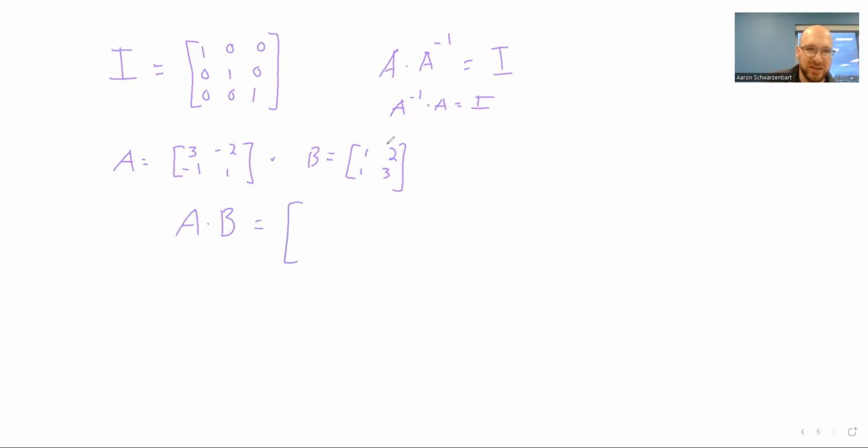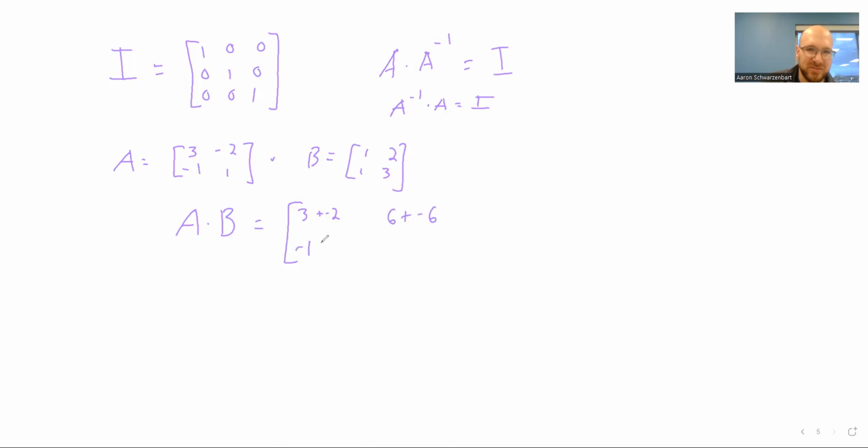So now I've got 3 times 1 is 3, plus -2 times 1 is -2. And I've got 3 times 2 plus -2 times 3. Oh, wait, 3 times 2 is 6, not 3. Plus -6.